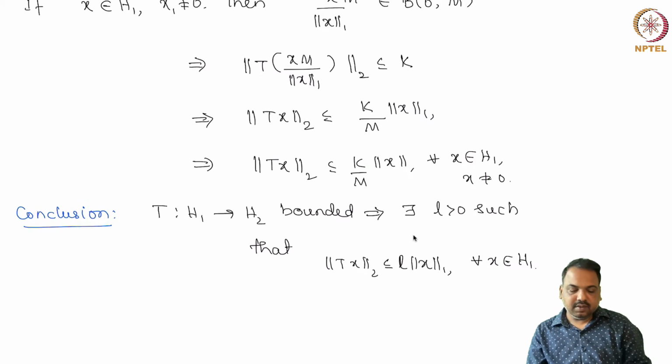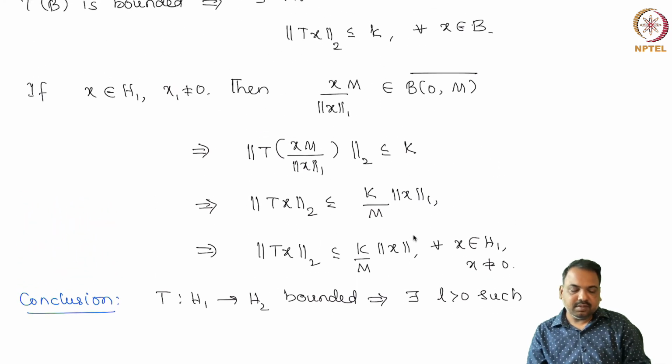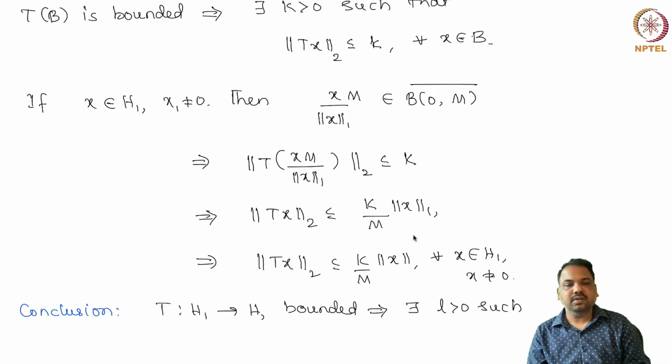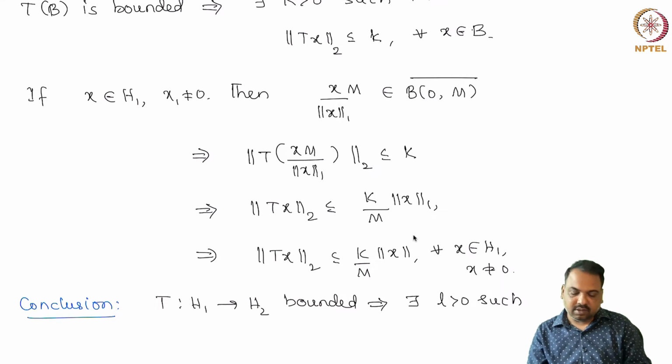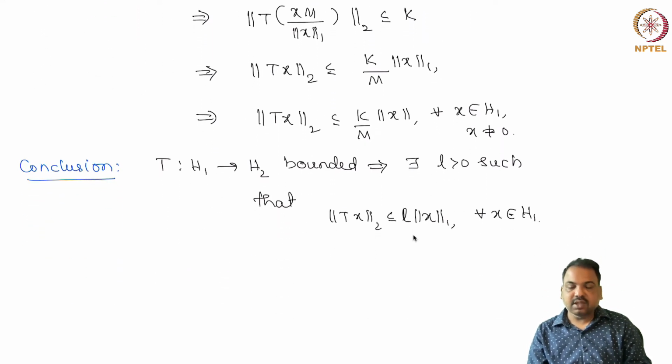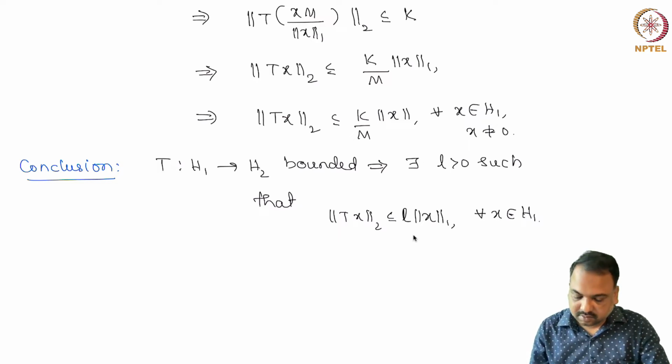So the conclusion is that whenever T is a bounded linear map, that means T maps bounded sets of H1 into bounded sets of H2, then we were able to find a constant L which is strictly bigger than 0, such that norm Tx is less than or equal to L times norm x.